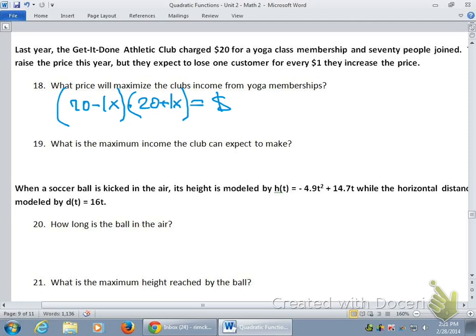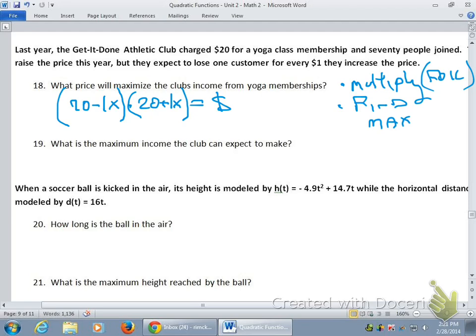So what I would ask you to do is, I'm not going to do it for you, I'm just going to ask you to do this. Of course, what you would do at this point is you would multiply, like FOIL. Alright, and then you're not going to solve, excuse me. You're going to find the maximum.